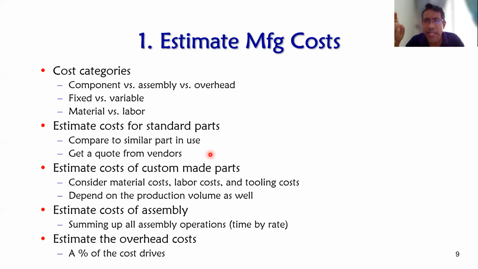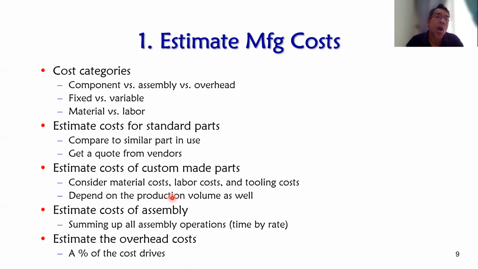So we can take that as an example to see the standard part design and the cost that occurs in that particular part. So we can get roughly the cost from the standard part used. Either that, or if the part is not available yet, we can get a quote from the vendors.